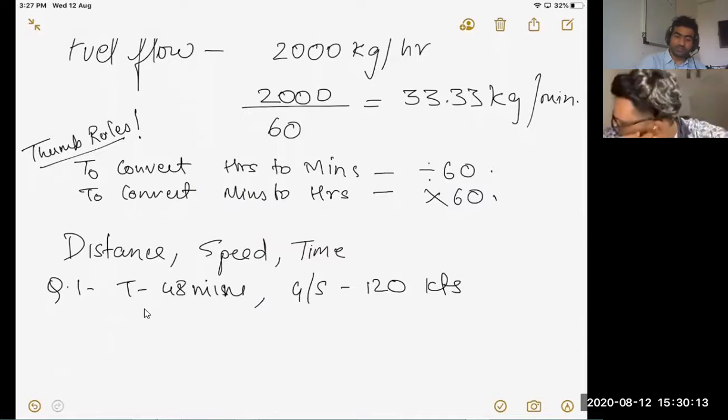Now, if I ask you to do it without the calci, what is the formula? Distance is equal to speed into time. Speed is equal to 120 into 0.8.